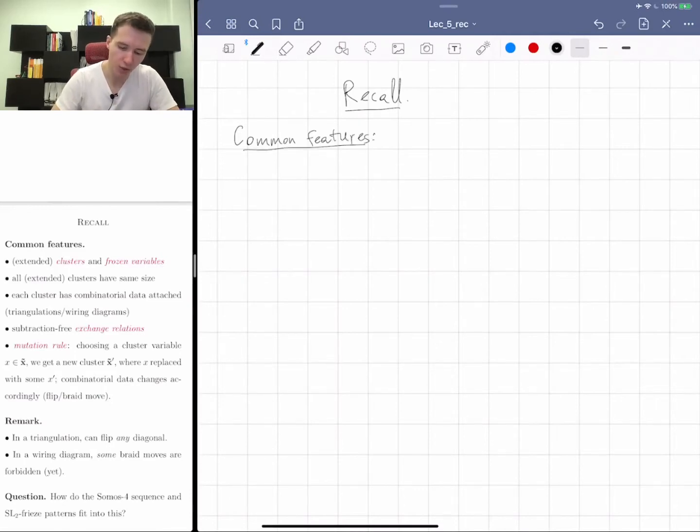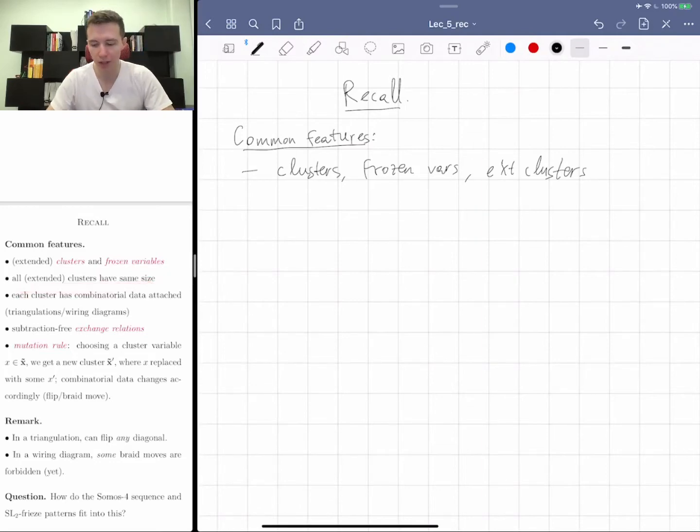The common ones were that we have clusters, frozen variables, and extended clusters, and all the clusters were of the same size. And these clusters came together with some combinatorial data.